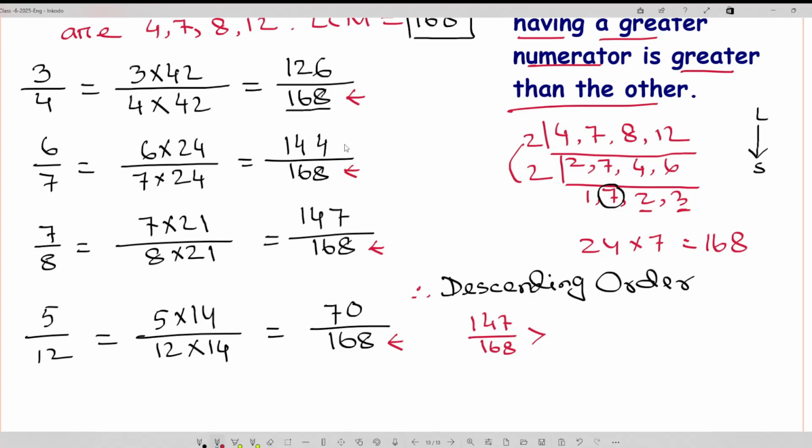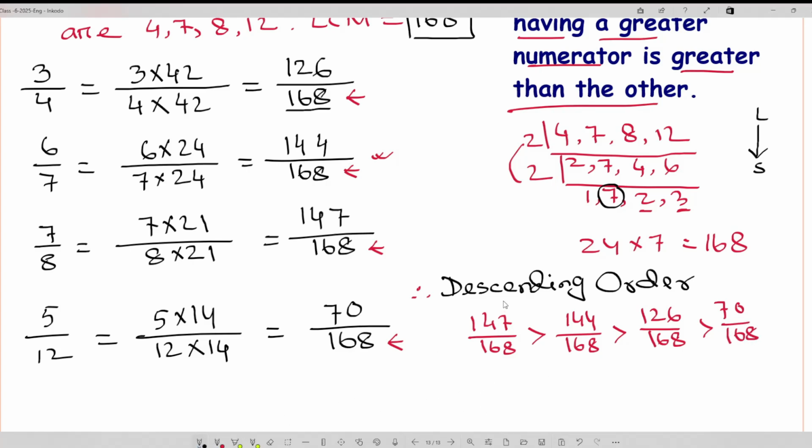This is the greater than, and the second one is 144 divide 168. Then greater than 126 divide 168, and finally 70 divide 168 is the smallest one.